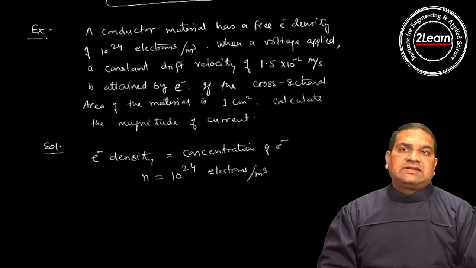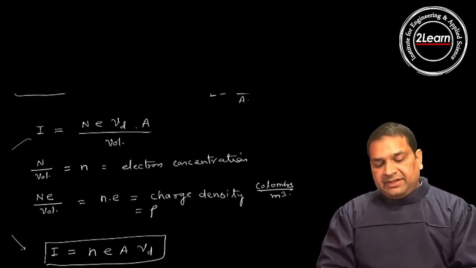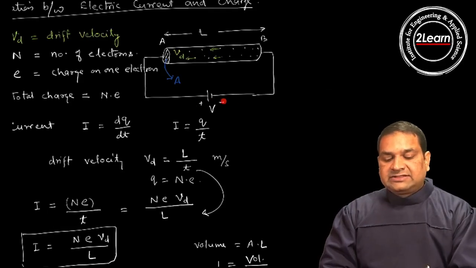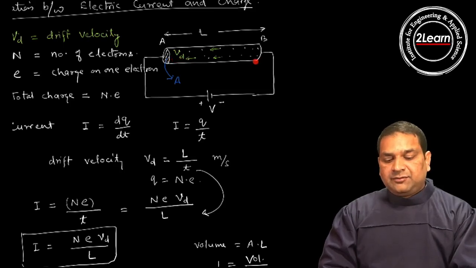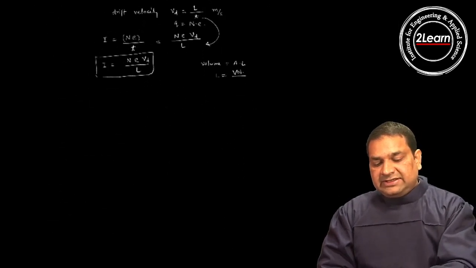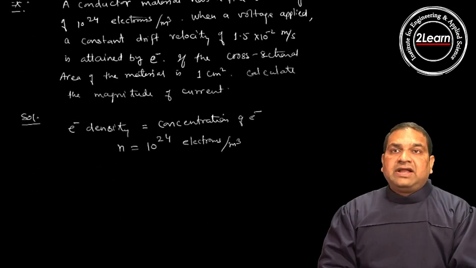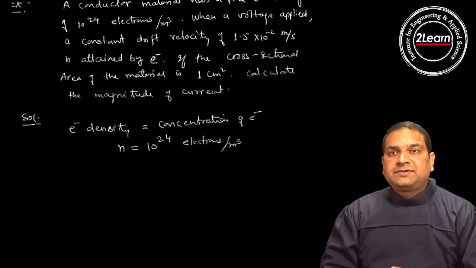Then when a voltage is applied, as you saw in the conductor where we applied an external voltage, these electrons started moving from end B to end A. After applying this voltage, there is a movement in electrons, and this movement is denoted by the drift velocity Vd. It is given in this example that when a voltage is applied, a constant drift velocity of 1.5 into 10 raised to power minus 2 meter per second is attained.